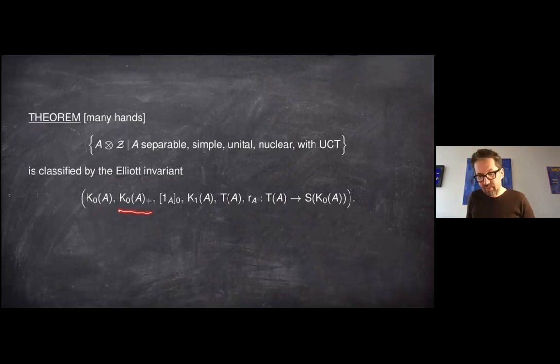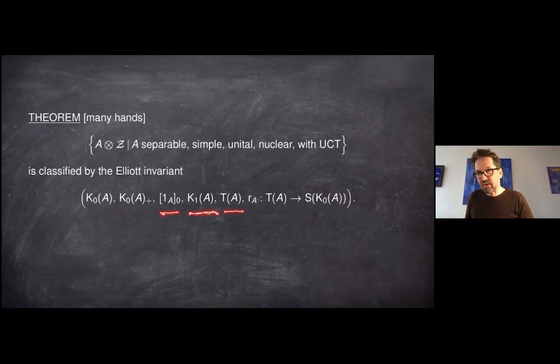You keep track of that. Keep track of the position of the unit, or of the C-star algebra itself as a finitely generated projective module over itself. K1 consists of homotopy classes of unitaries in matrices over A.